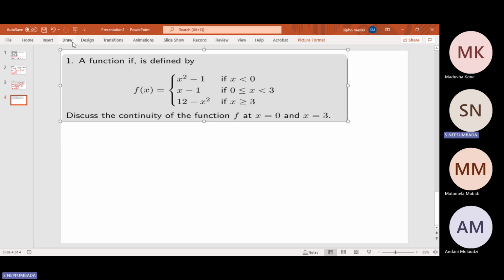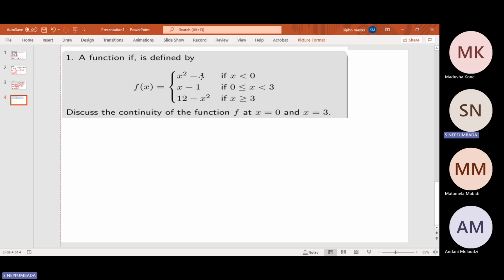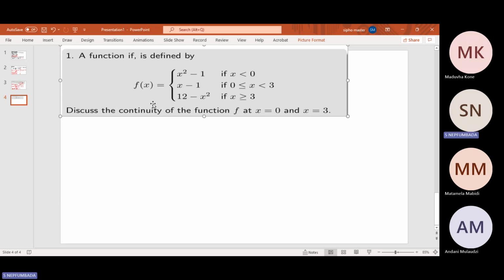Yes. Okay. But why here they say discuss the continuity of a function f at x equals 0 and x equals 3? You can even discuss everything without even telling me that x is equal to what?